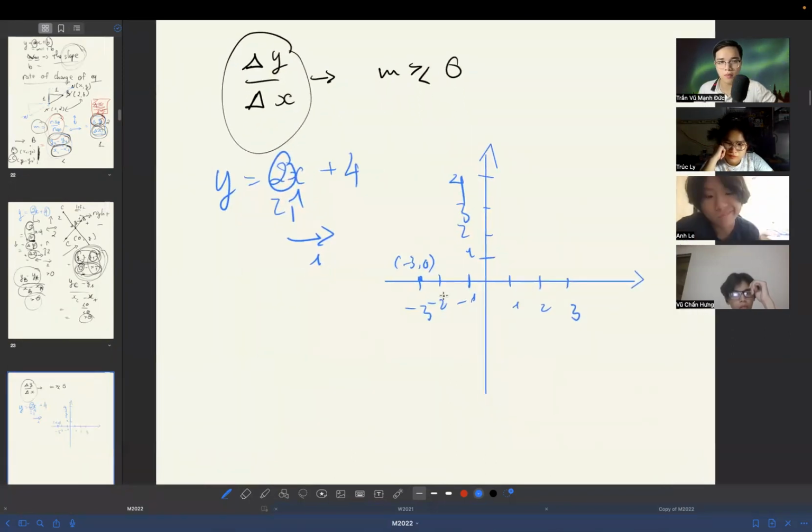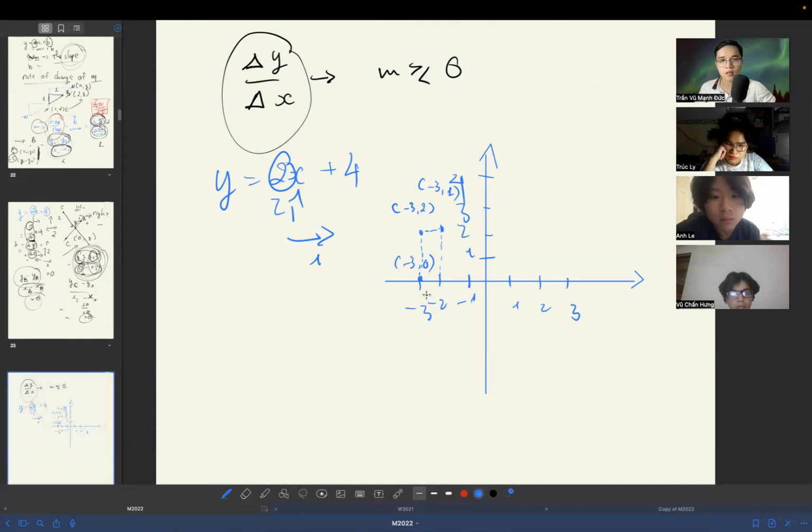Let's zoom in. -3, 0. And I'm going to go up by 2. So it goes to the point -3, 2. And I'm going to move slightly to the right, 1 unit, resulting in this point, -3, 1.